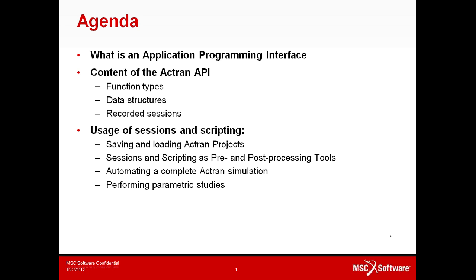Third, we will review the use of this API through scripts and sessions for different purposes, such as saving an actual state of the graphical user interface, relaunching a part of a post-processing step, automating your Actran simulations, or performing parametric studies, for instance. I will then guide you through Actran VI, the graphical user interface of Actran, during a live demo. And then we will finally conclude this presentation in one slide, and then we'll have our Q&A session.